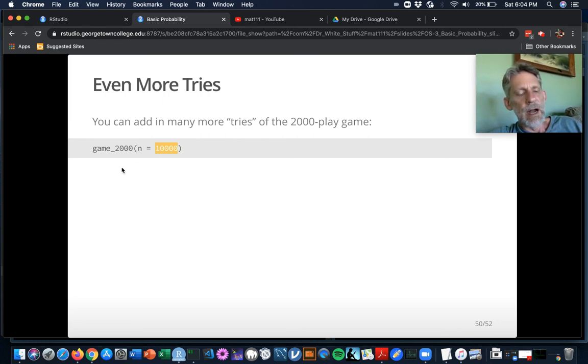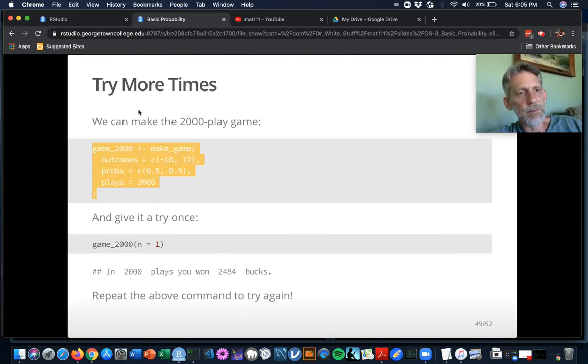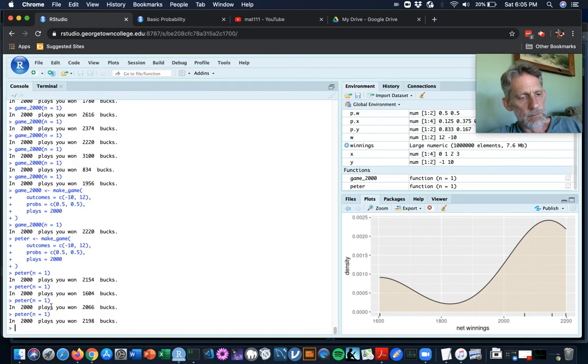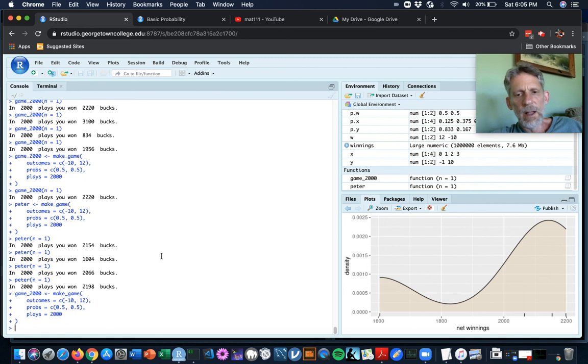Let me give that a try. I'm going to make my game 2000 again to start from scratch. And then I'm going to try game underscore 2000, n equals 10,000 times.